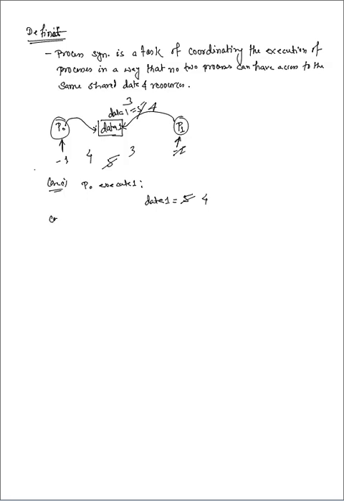And case 2, if P1 executes first, right? P0 executes first, then P1 will execute. The value will be what? 4 minus 2, 2. If P1 executes first, then data1 will change from 5 to 3 and then P0 executes. So the data1 value is 2, right?